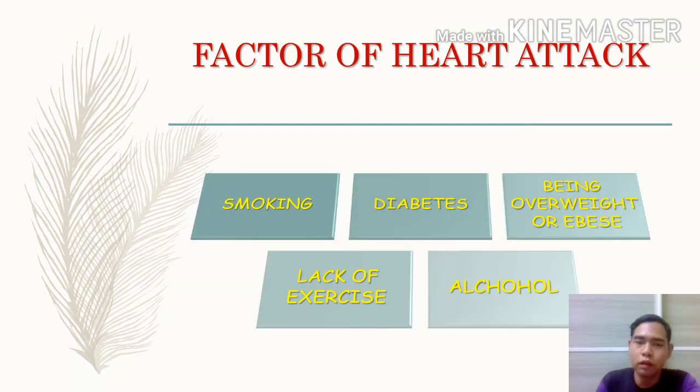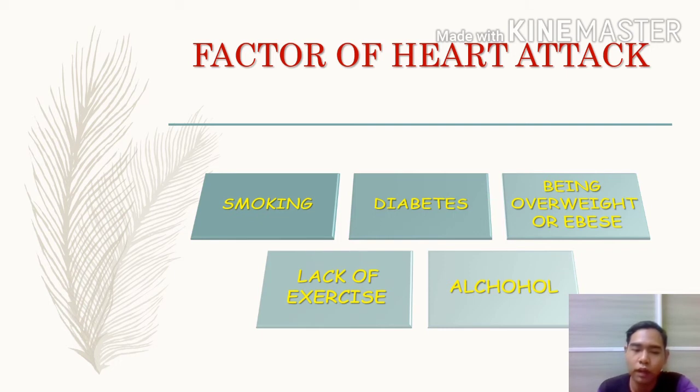Now, a few factors of heart attack. Firstly is smoking. Toxins contained in cigarettes narrow and change the coronary arteries. Even a small amount of tobacco can be harmful. Secondly is diabetes, which is an increased level of blood glucose.